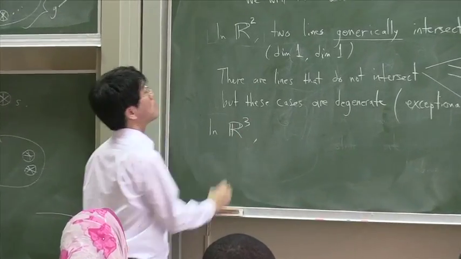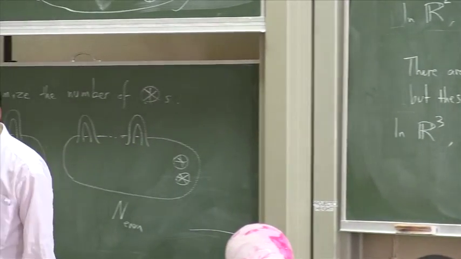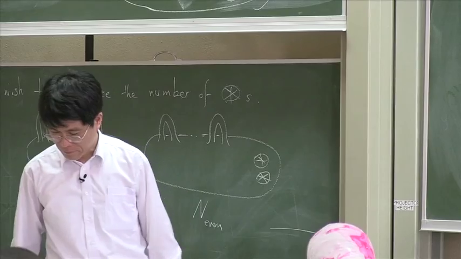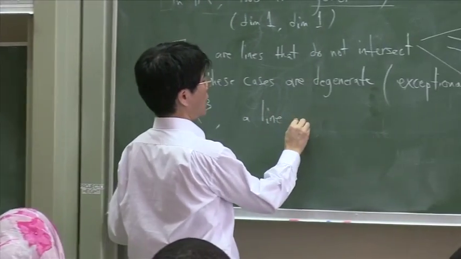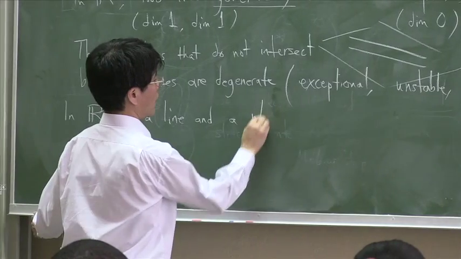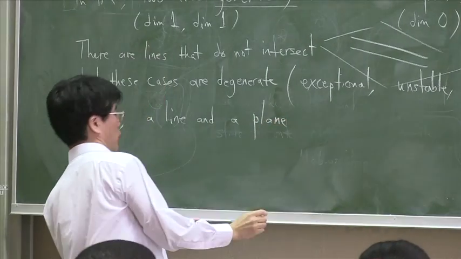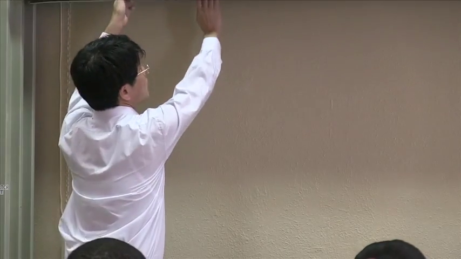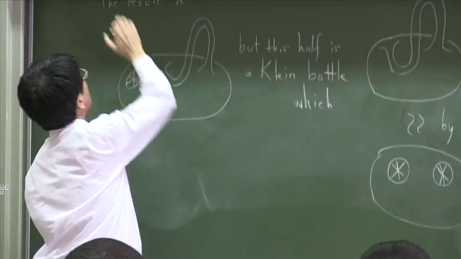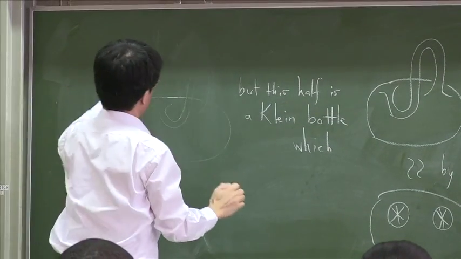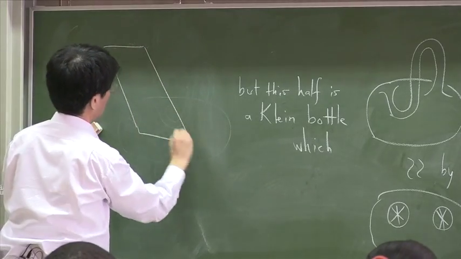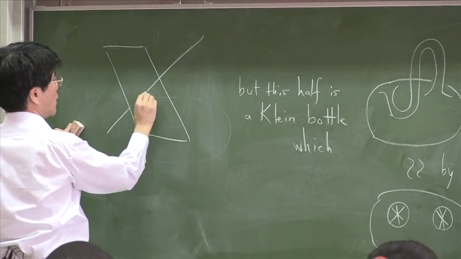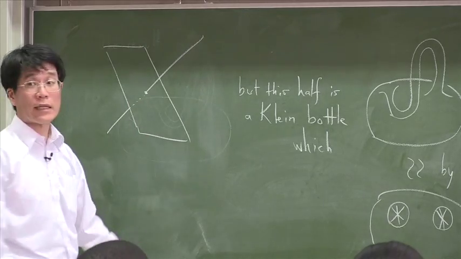In R3, a line and a plane, what do they look like? A line like this and a plane intersect in a single point.